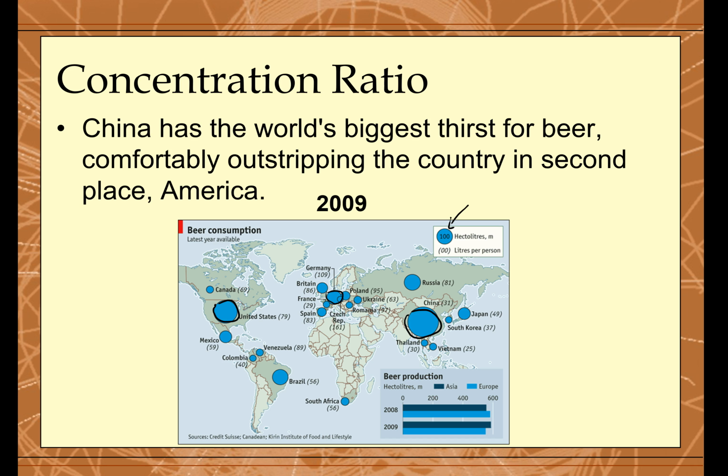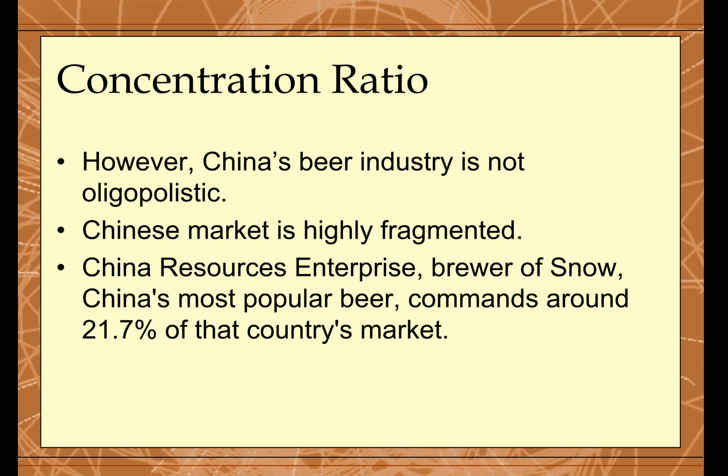Now, does China have the same market structure concentration ratio as the United States? Well, their industry, I wouldn't say it's oligopolistic because the Chinese market is highly fragmented. China Resource Enterprise, the brewer of a beer called Snow, that's China's most popular beer.